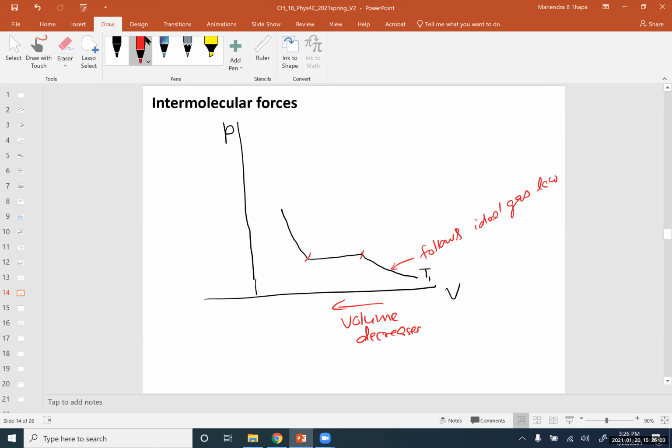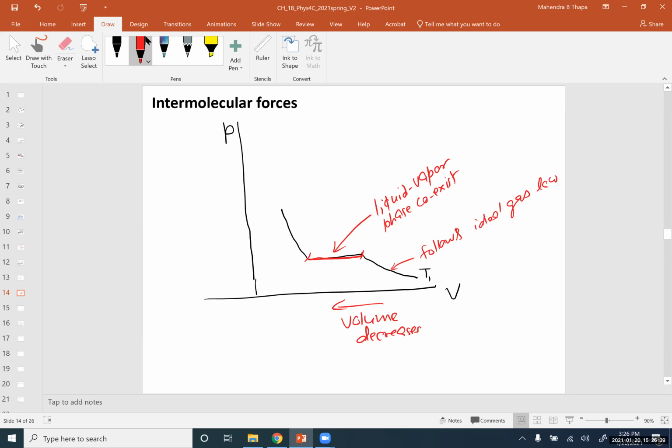This means at that region where this line is parallel to the axis, we are going to decrease the volume, but pressure remains the same. This is the region where liquid and vapor phases coexist.